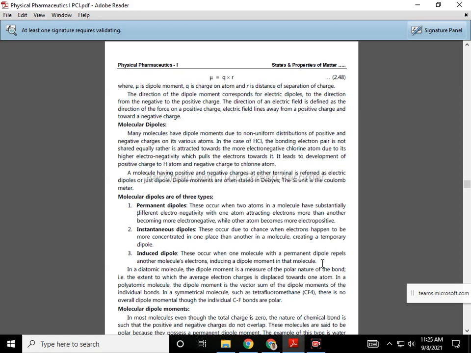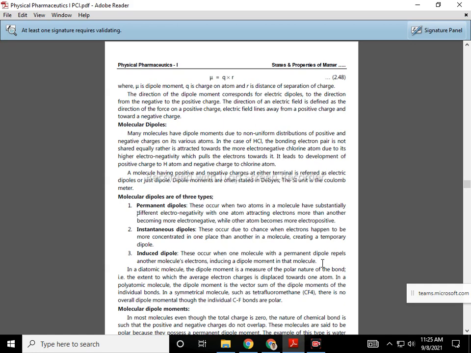Now imagine all the water molecules are in a beaker, and we have placed such a non-polar molecule which doesn't have any charge-separated region in its molecule. So what will happen when it comes in the vicinity of a polar molecule just like water? Then it also starts to behave in accordance with the water molecule, in accordance with the dipolar molecule.